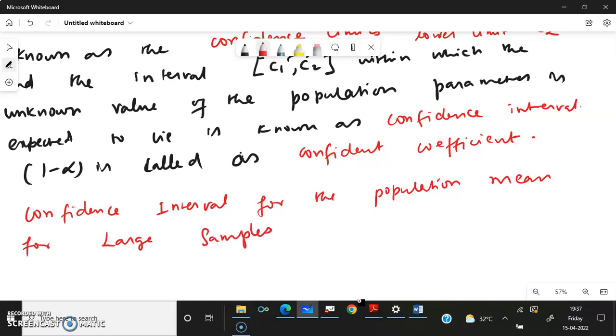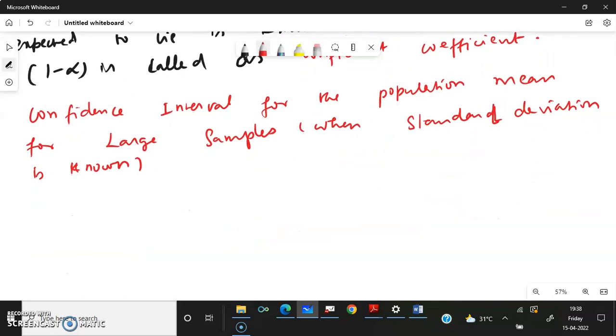Large samples means more than 30. When the standard deviation is known, that is, sometimes the population standard deviation is known, then only we can use this formula. What is that formula?